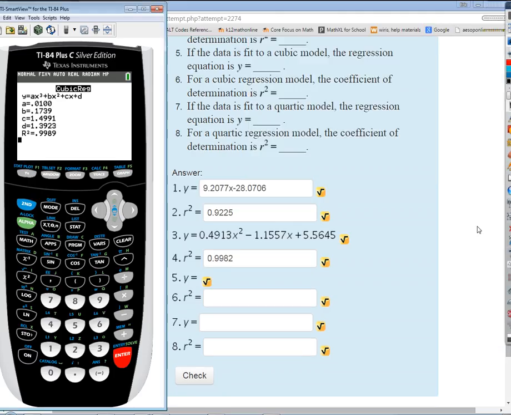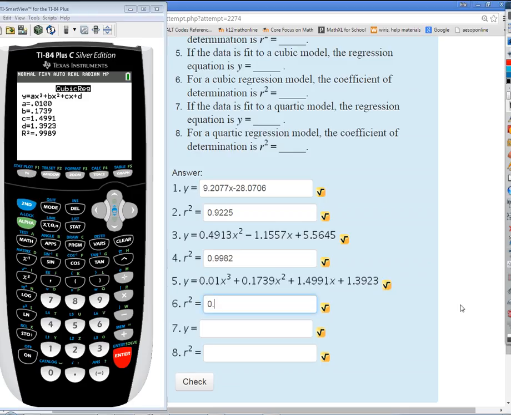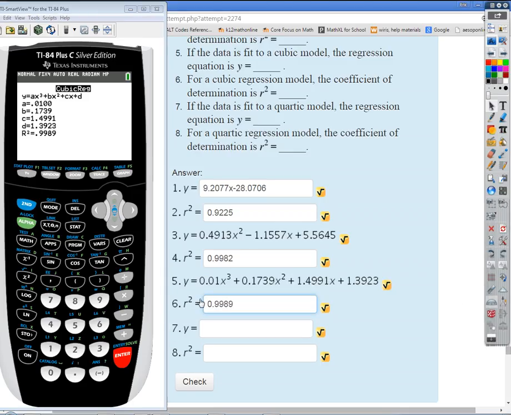Okay, and my r squared 0.9989. Okay, last one. And we'll submit this and see if it works.